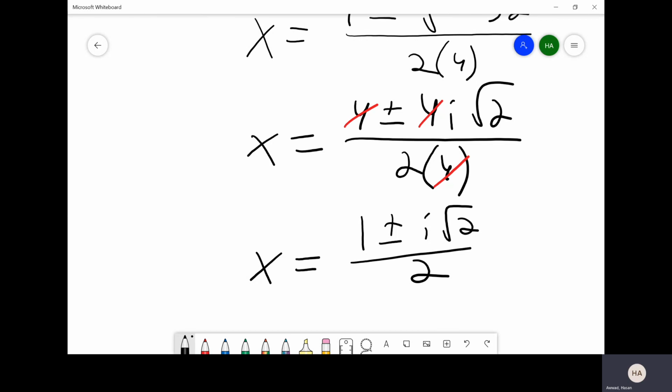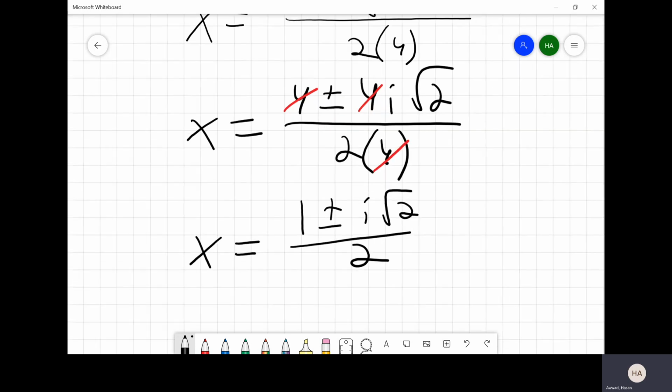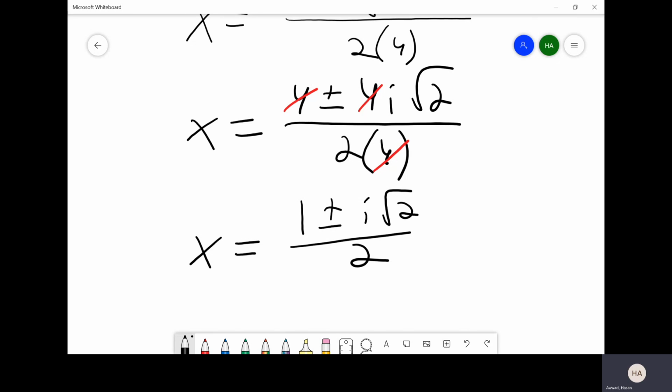2. And what you'll see if you dive into this in pre-calc is they like to split up the imaginary part from the real part. So what do we know about fractions? When they have the same denominator, we can just add or subtract the fractions together and keep the denominator the same. Well, we can also go backwards.